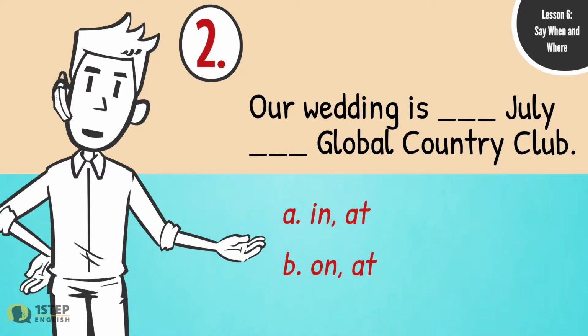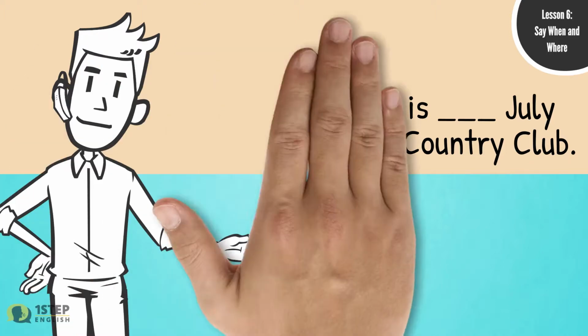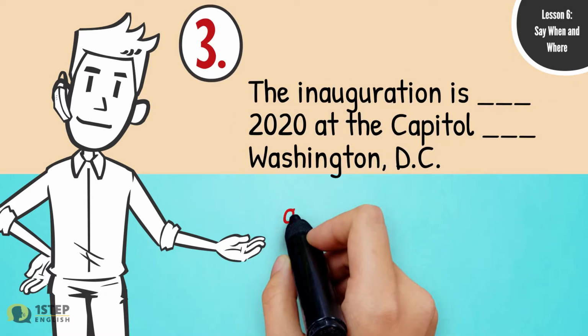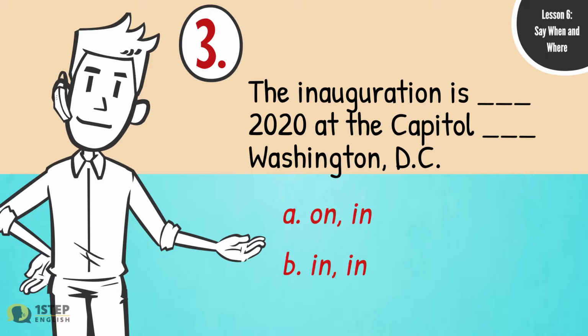2. Our wedding is blank July, blank Global Country Club. A. In, at. B. On, at. The correct answer is letter A. Our wedding is in July at Global Country Club. 3.